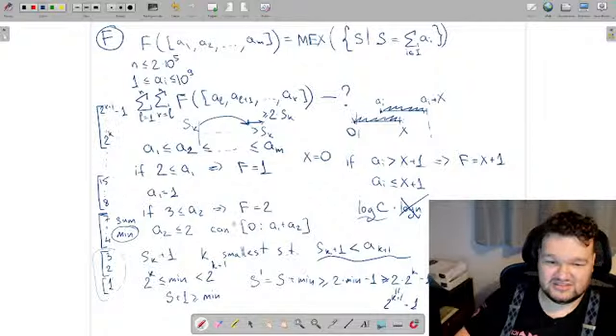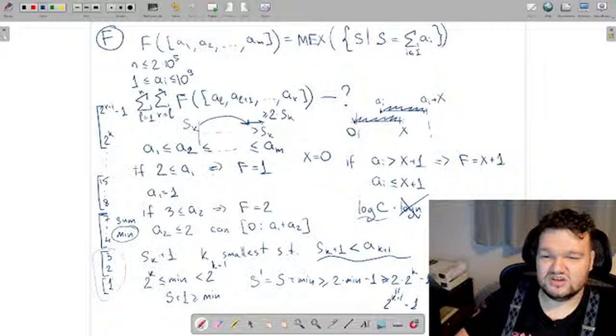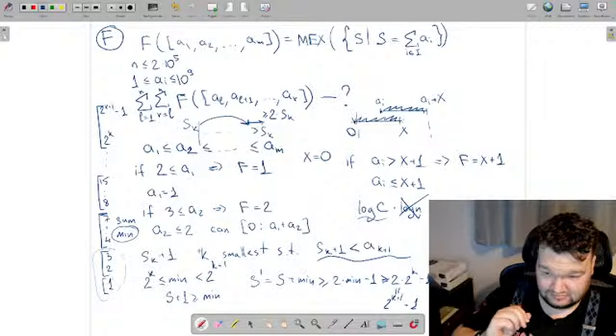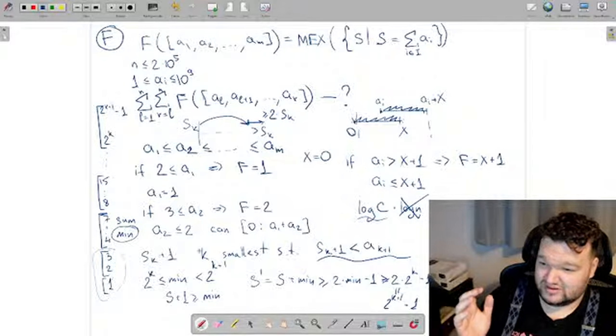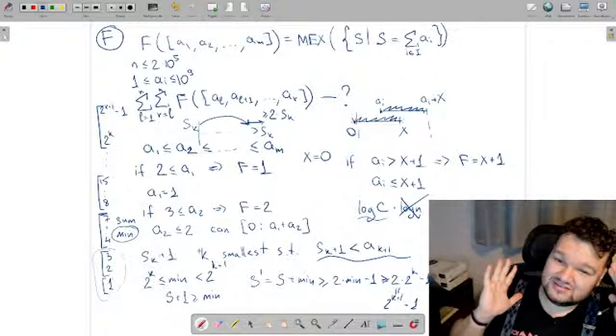The number of buckets is O of log C, or just log C. So we can calculate f in log C if we have that information about buckets. Is that clear?